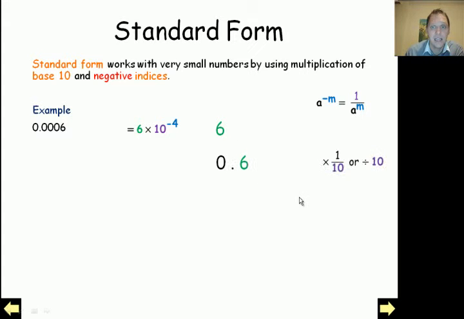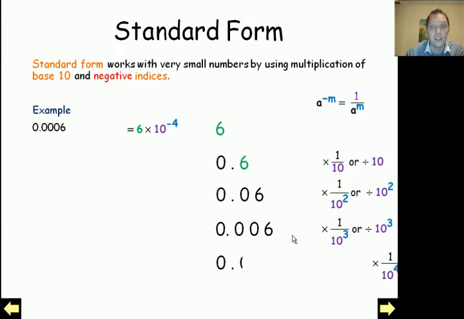If I divide that by 10, or 10 to the power of -1, this is going to be 0.6, and so on and so forth until we reach 0.0006, which is what we've got in our example, which is dividing by 10 to the power of 4 or multiplying by 10 to the power of -4.